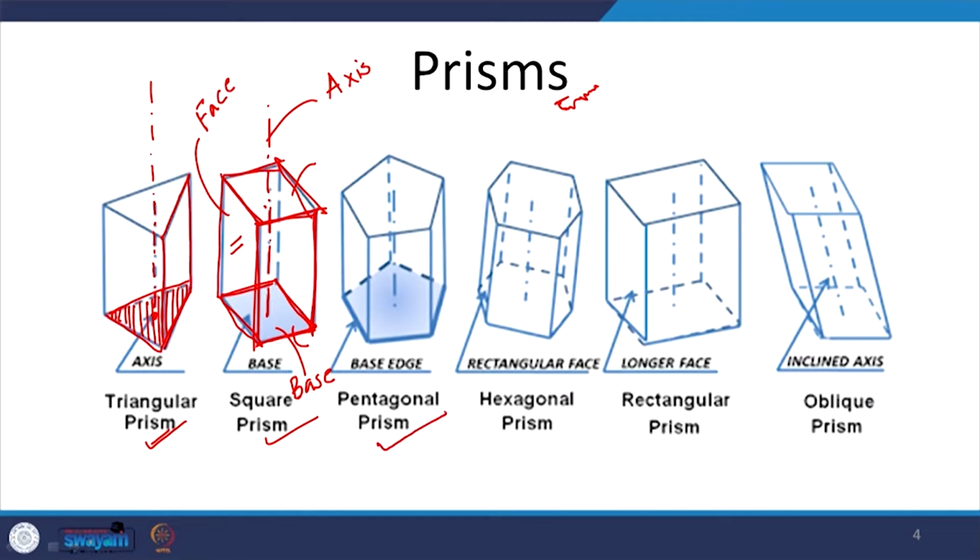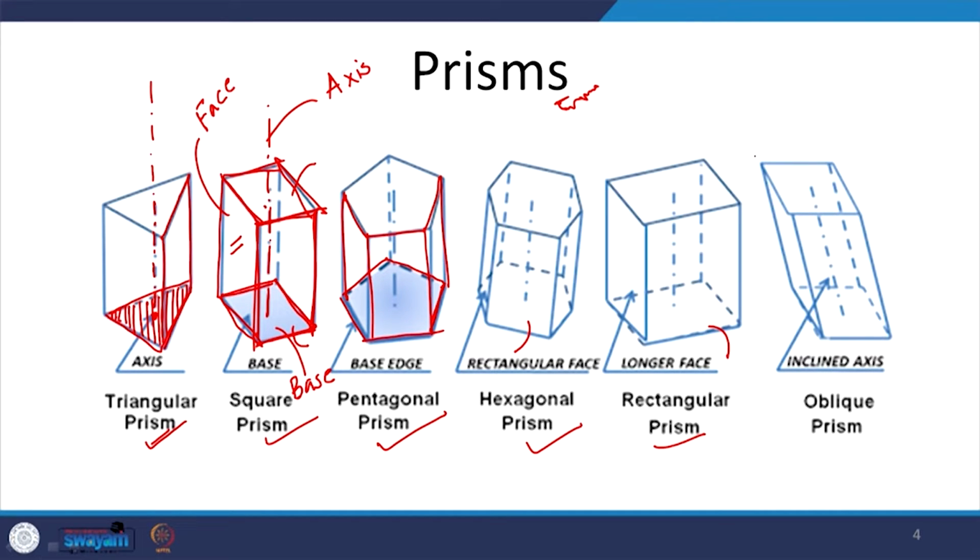A pentagonal prism will have a pentagonal base and then the faces which are rectangular only. So we again have rectangular faces. In a hexagonal prism, the base changes to a hexagon. In a rectangular prism, the base changes to a rectangle.